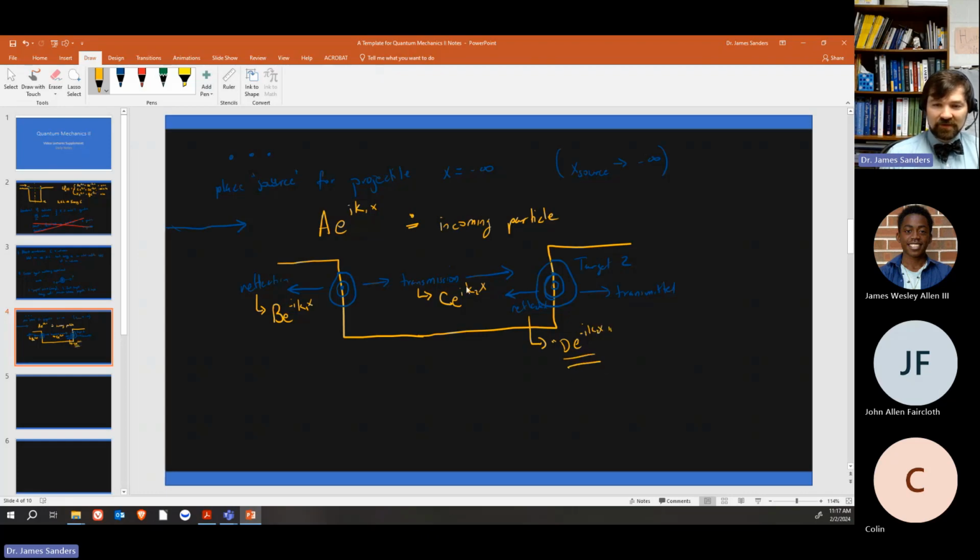Now I put that one in quotes, and really this one deserves to be in quotes as well. And I'll mention why in a moment. This transmitted term, since it's moving to the right, would be my F e to the i k1x term.